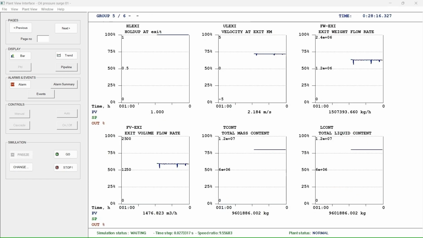Let us resume registration of the simulation at minute 28, 2 minutes before the closing of the outlet valve. The simulation is frozen at 30 minutes, as defined in the input, but the user restarts it immediately.